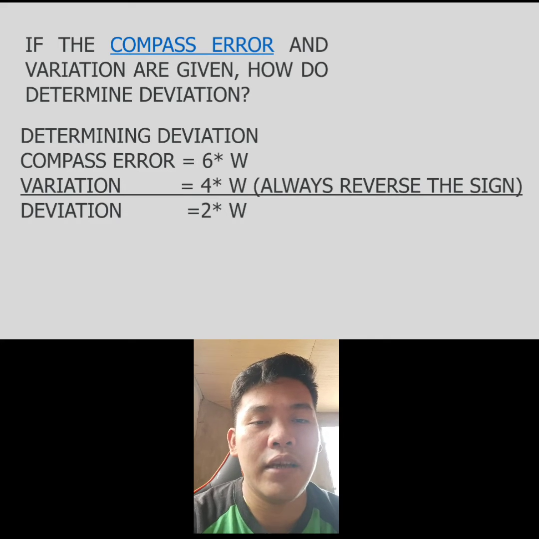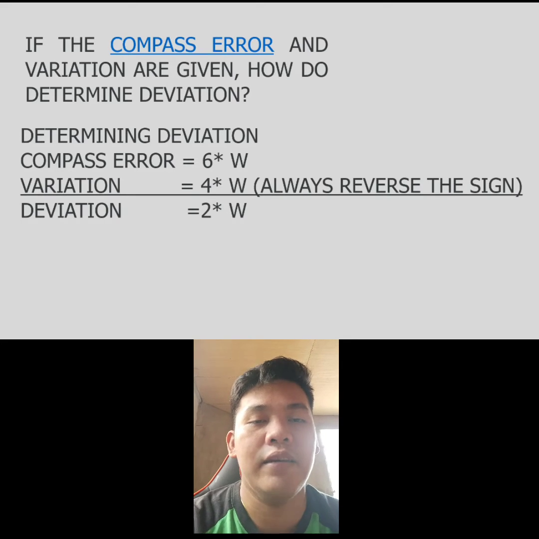So since it is west, we need to make it east. They have different names, so we need to subtract them. So 6 minus 4 is equal to 2 degrees west. And west is the sign because the compass error has a bigger number than the variation, and its sign is west. That's why we need to follow the bigger number's sign.